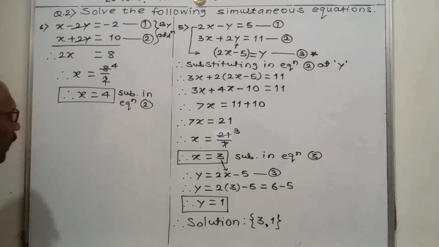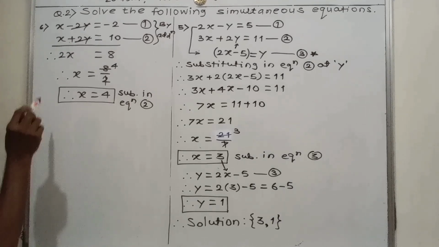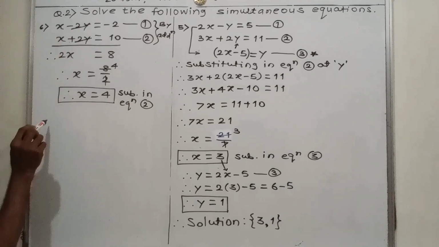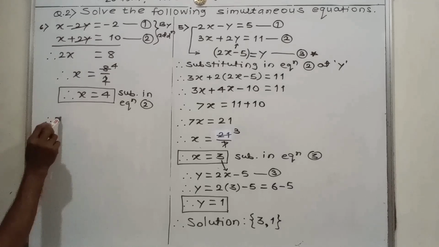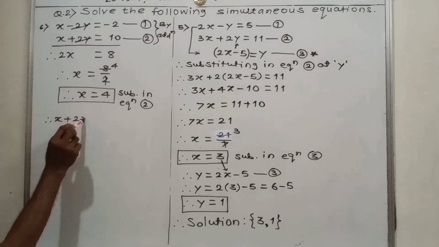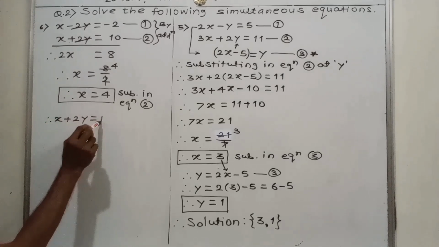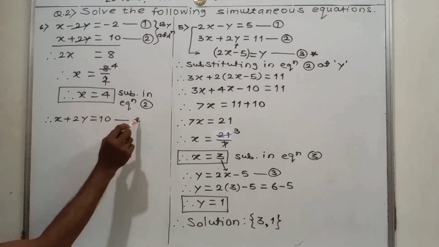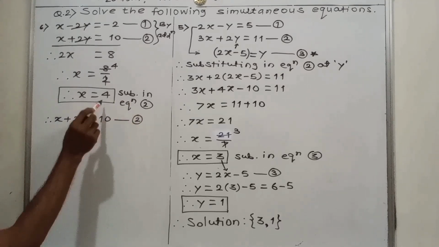Otherwise, if there is no alternative, then select. Otherwise, don't select. x plus 2y is equal to 10. This is our equation number 2.